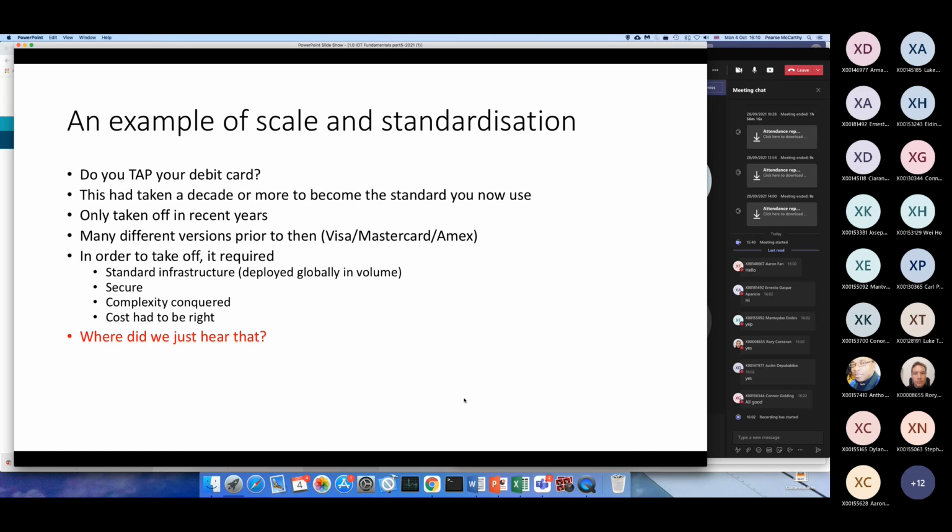Another example just of scale and standardization, right? At this stage everybody is tapping with their cards. Well, that has reached scale. It has reached standardization, and now everybody just takes that for granted, right? But it really only took off in the last few years. I can tell you that I was working on that stuff 10, 15 years ago, right?